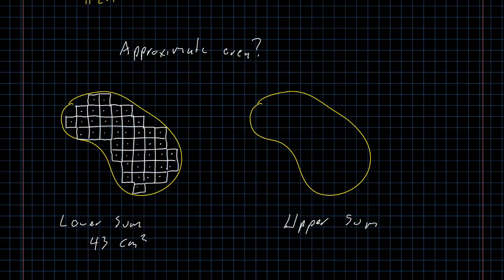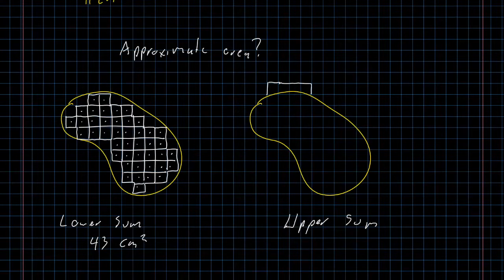On the upper sum, I'm going to be on the other extreme. I'm going to count the squares that have even the tiniest sliver of area inside of the shape. And so I'll count this square that just has that tiniest corner inside.